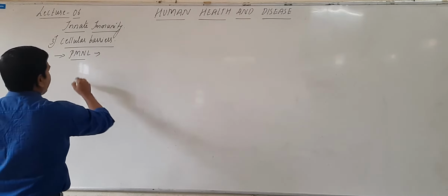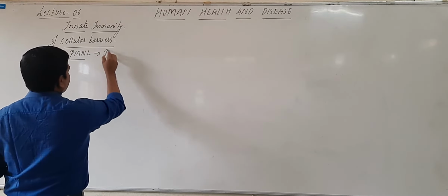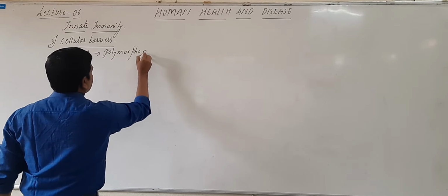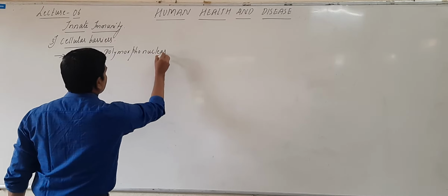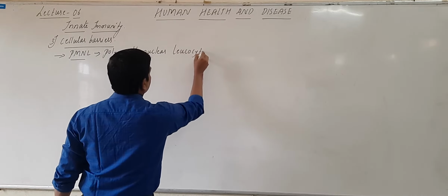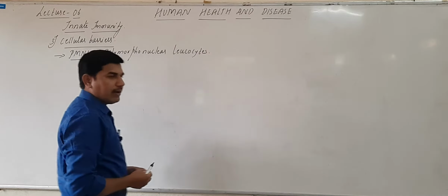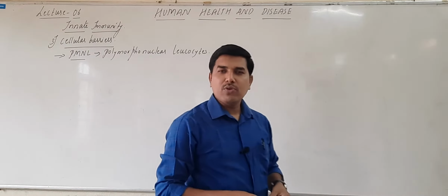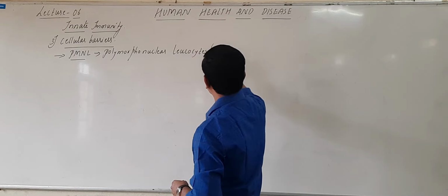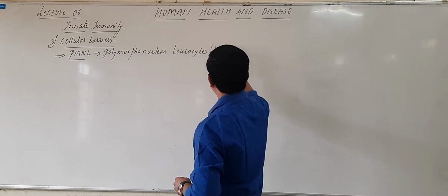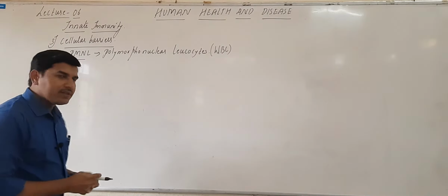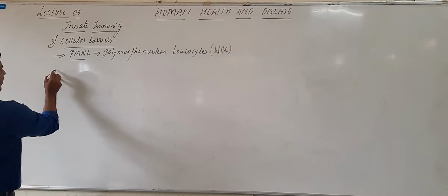PMNL refers to polymorphonuclear leukocytes. They are a type of WBC cells. Then apart from this, what are the other cells that are involved?